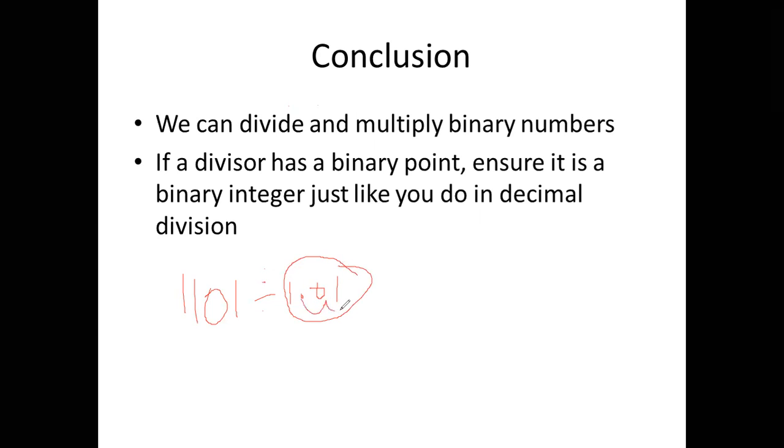You move the decimal point 2 steps there, which means this becomes 101. And you would also move the decimal point 2 steps to the right, which means that would be the same as appending 2 zeros. So that would be 110100, and then we divide these two numbers.